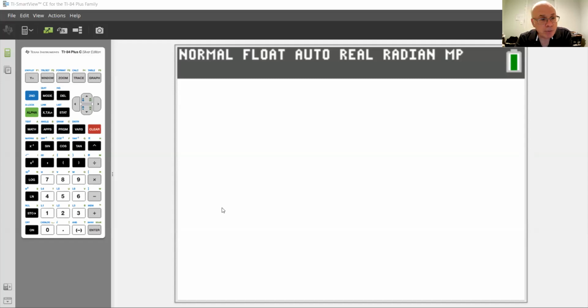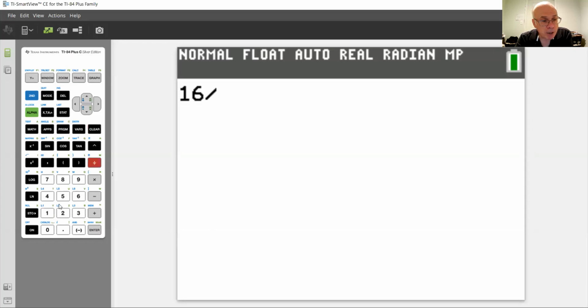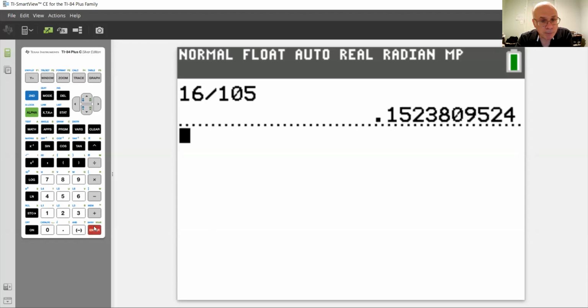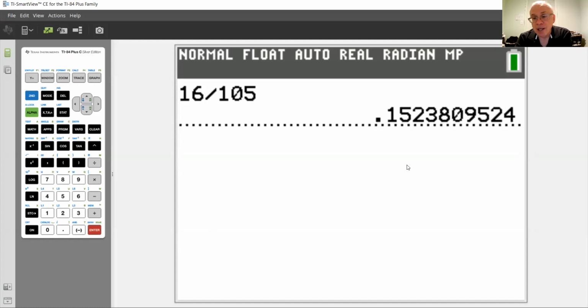So 16 divided by 105. I believe those were the numbers. And there's our sample proportion, 0.15238, and so forth.